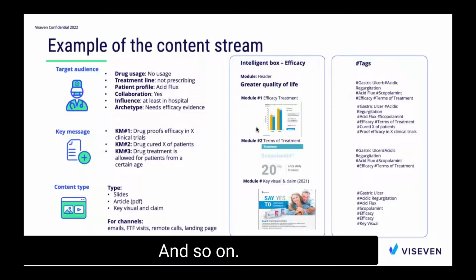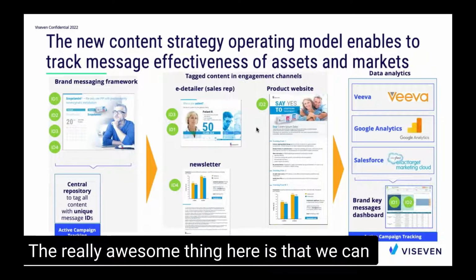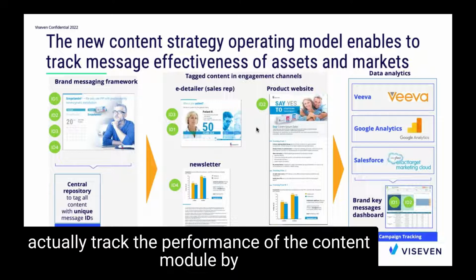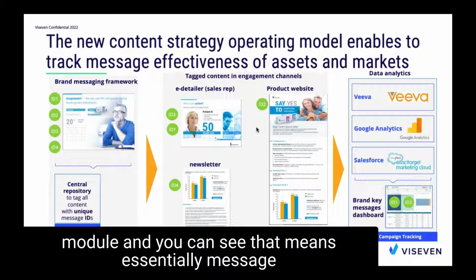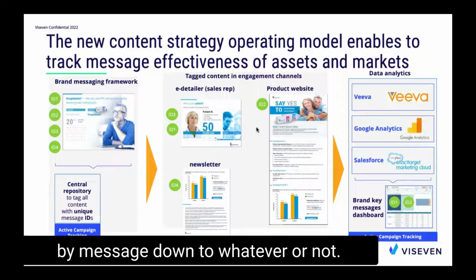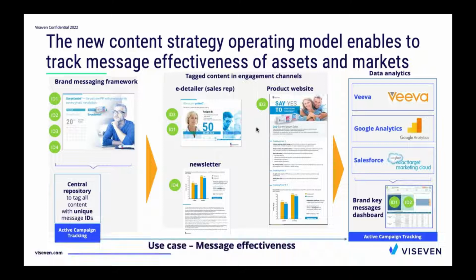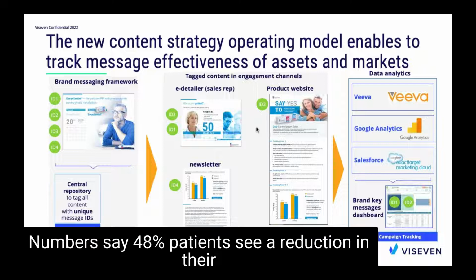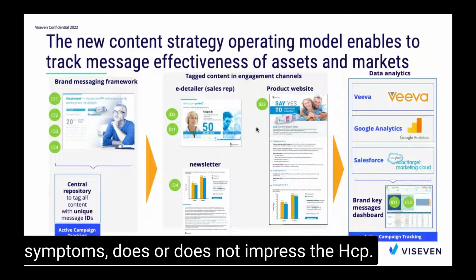And so on. The really awesome thing here is that we can actually track the performance of the content module by module. And you can see that means essentially message by message, down to whether or not numbers say 48% of patients see a reduction in their symptoms does or does not impress the HCP.